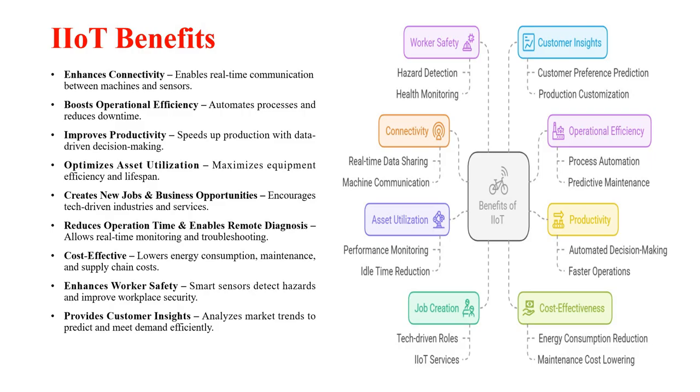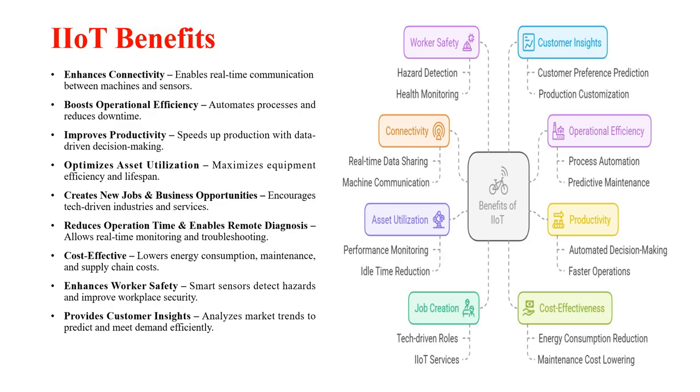And next point, you have cost effective, that is, it will lower the energy consumption and reduce the maintenance cost and minimize the waste and improve the supply chain efficiency. Then it will enhance the worker safety, where smart sensors will detect hazards like gas leaks, overheating or system malfunctions.